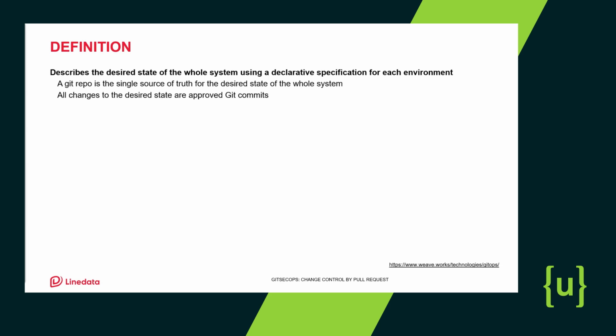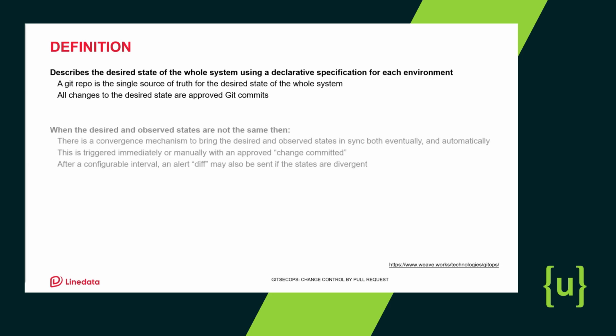And any changes to that state require a pull request and a Git commit, right? So anytime you want to change that state, you want to add new code, it requires you to commit a change to that code. Now, when you open that pull request and you have a desired state, you now have a difference between what's observed, and that is what's in the code, versus what your desired state is, which is your pull request.